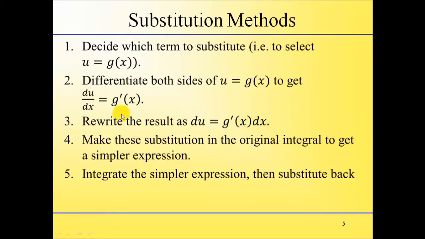From here, if we want to know only du, we can change the dx part to this part, okay? Du is equal to g prime x times dx. And fourth, make the substitution in the original integral to get a simpler expression. And the last is integrate the simpler expression, then substitute back.